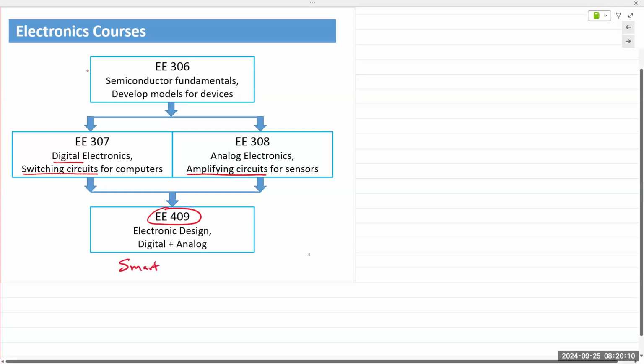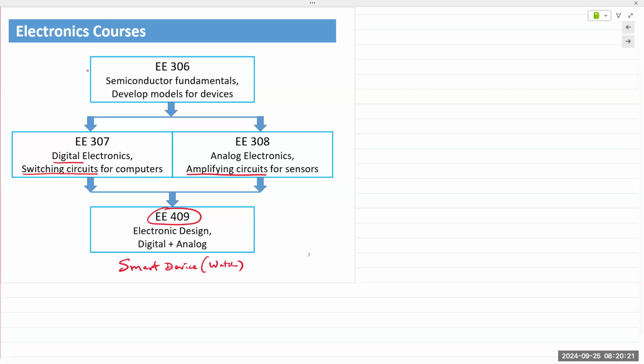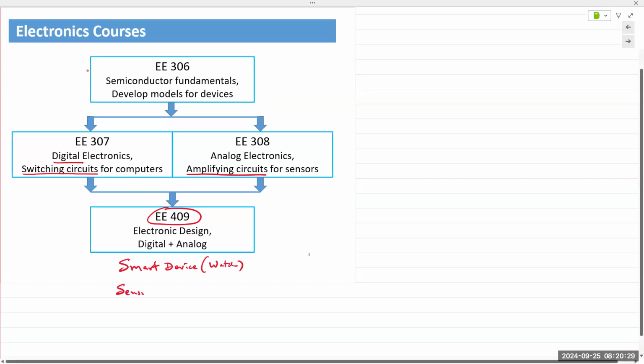If you have any kind of smart device, watch, phone, etc., it's an example of a mixed signal electronics device. It has sensors plus computing, and is referred to as mixed signal electronics.